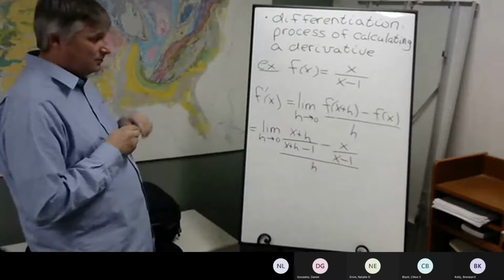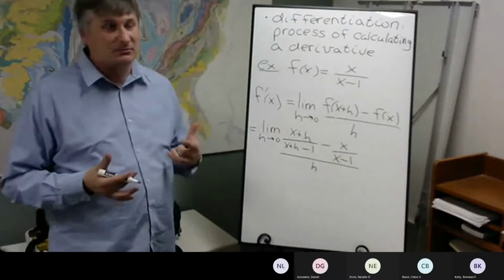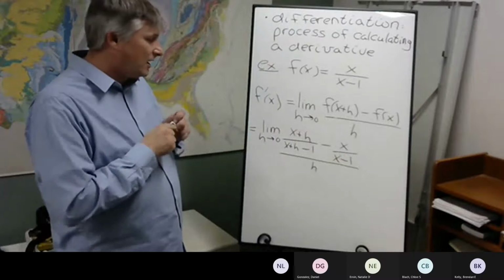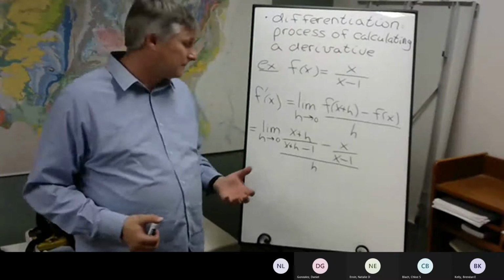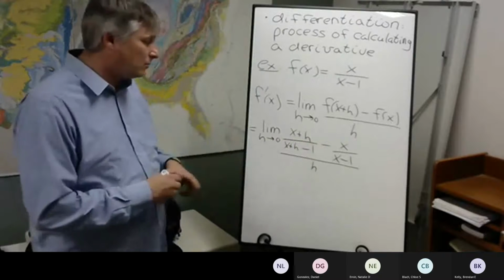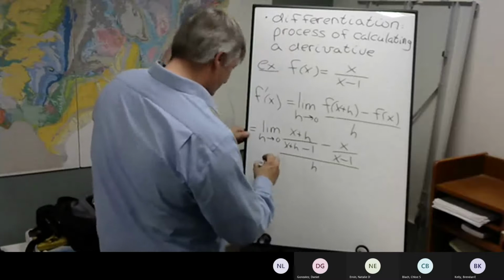So what we can do, this is what we call a complex fraction. You can call this a complex rational function. We want to make this a little less complex. So let's try to cancel these denominators. And to do that, we'll multiply top and bottom.